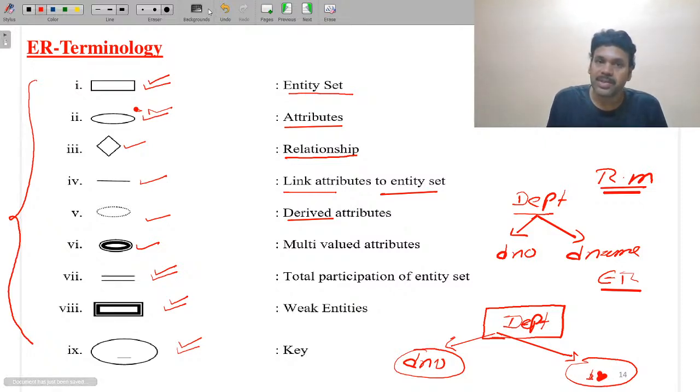So therefore, friends, you need to learn how to identify entity or attribute sets in ER also. If I give you this ER, you will understand that this is the equivalent relational model. Clear?